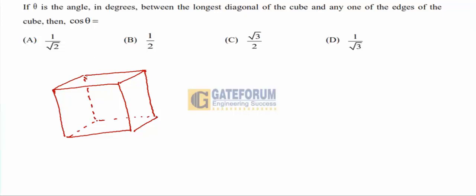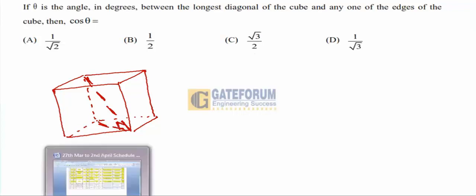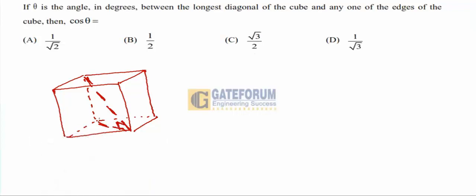See, the longest diagonal would be this one. Make no mistake, it makes an angle of 90 degrees with this diagonal. This is the 90 degree that it makes. Okay. So they have said theta is the angle with any one of the sides.